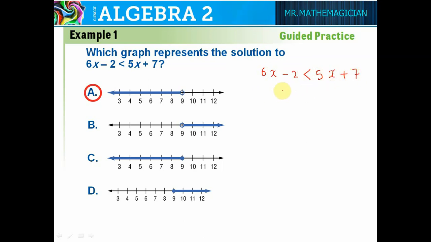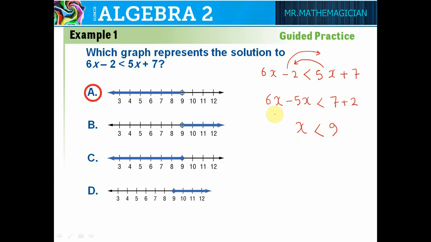Now I need to get the x's alone and the numbers alone, so I will take 5x to the other side as negative, and I will take negative 2 to the other side as positive. So this will be 6x minus 5x is smaller than 7 plus 2. We know 6x minus 5x is 1x, which means x, and it's still smaller than 7 plus 2, which is 9.